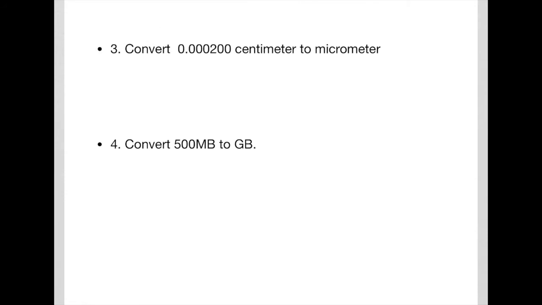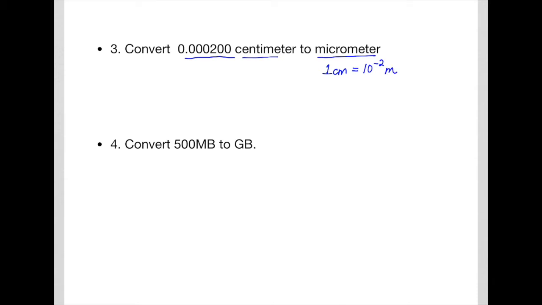Next, number 3. We have to convert this 0.000200 centimeter to micrometer. Again, we have to look for our factor. So our conversion factor here is, for every 1 centimeter, we have 10 raised to negative 2 meter.